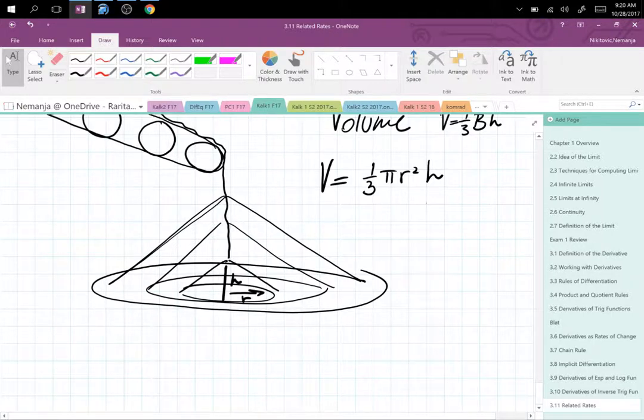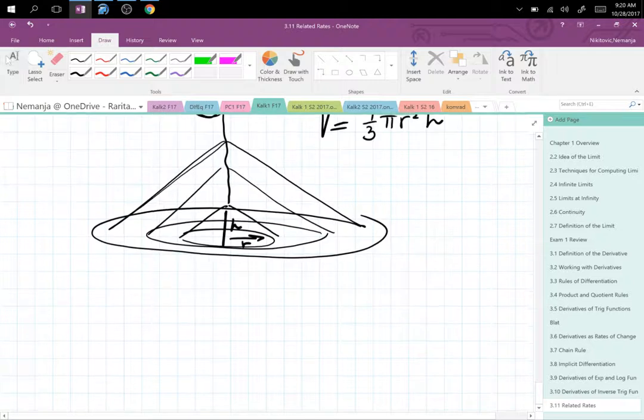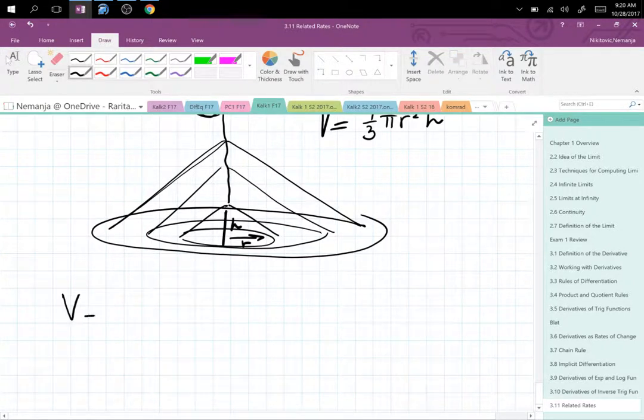Now, when I write the volume for something like this, I stop and think, what are the variables that I have? And a variable is whatever is changing as the time goes on.